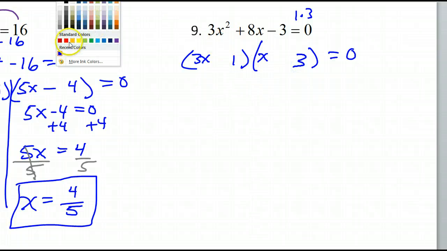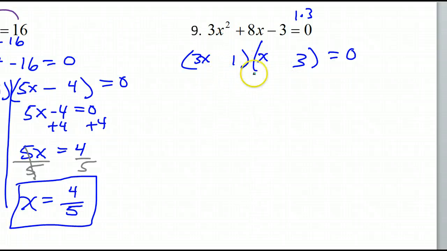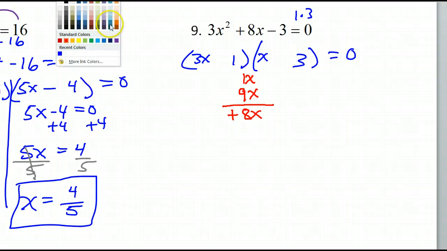Now, inner plus outer equals middle. Inner, I've got 1x. Outer, I've got 9x. That's supposed to equal a middle of positive 8x. Can I get this if I pick the signs right?